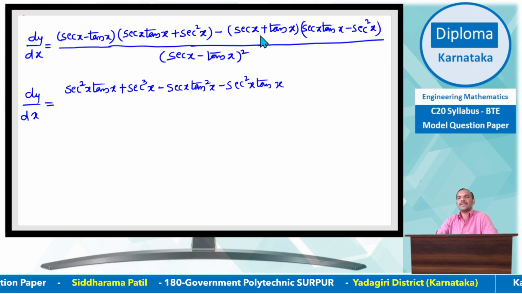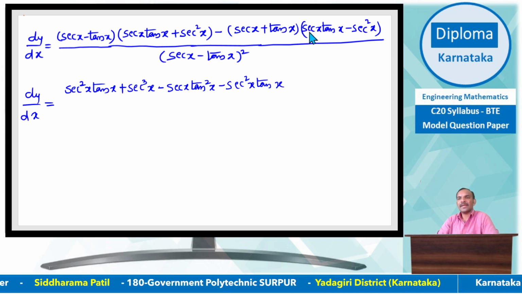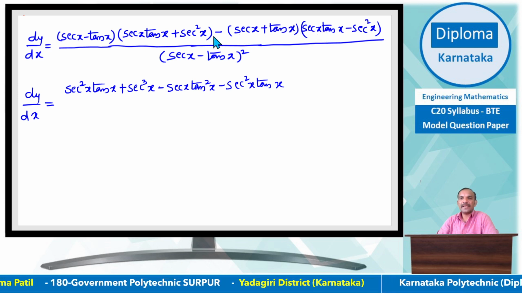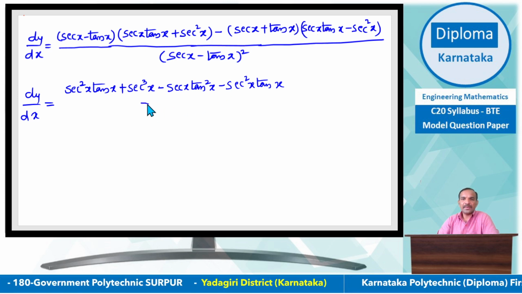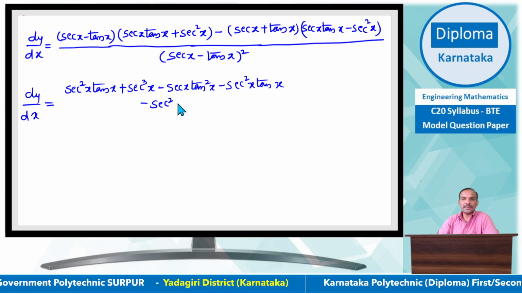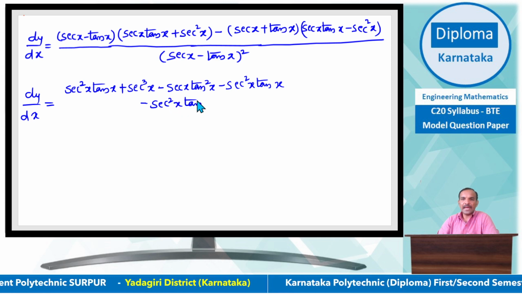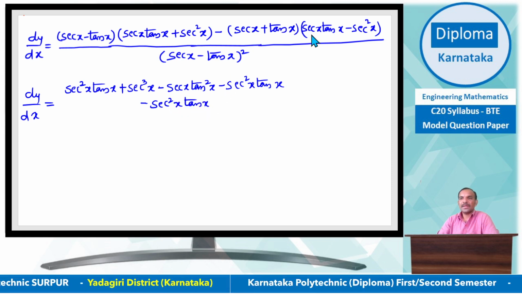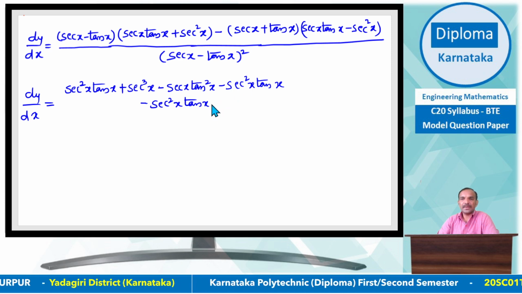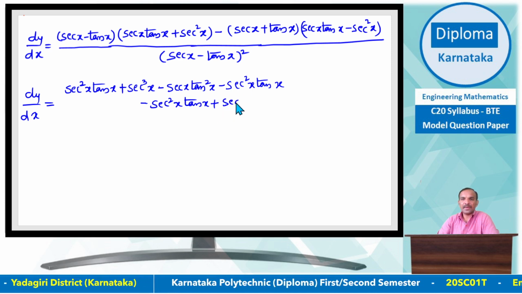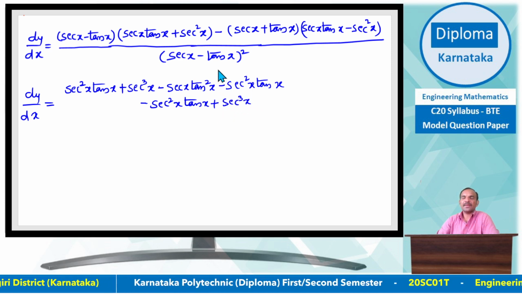Next, sec x into sec x tan x is sec square x tan x, with the minus sign, minus sec square x tan x. First term sec cube x, minus into minus becomes plus sec cube x.